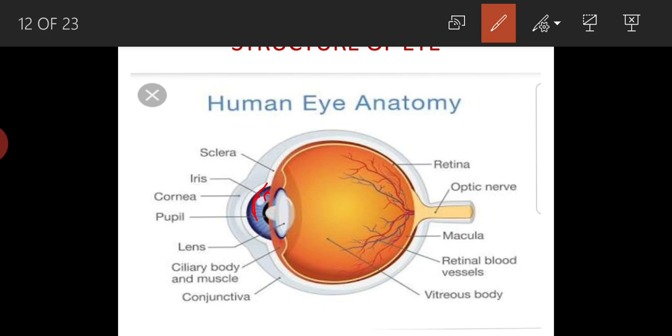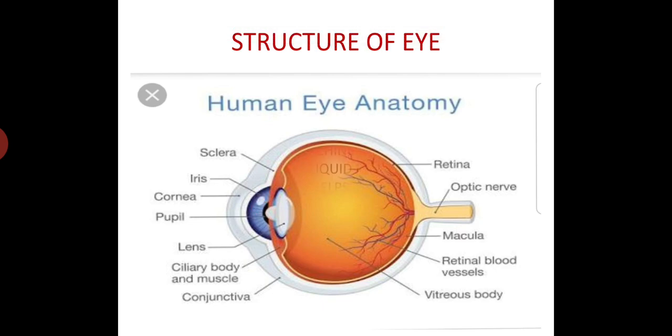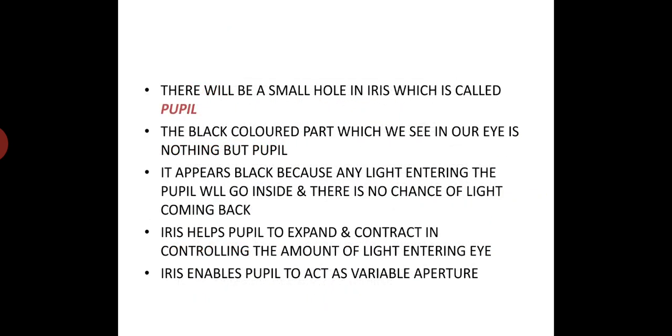That hole is called the pupil, and that hole will appear black in color because whatever light enters the pupil will go inside and will not come back. That is why it will appear black in color. And this iris and pupil will control the amount of light.